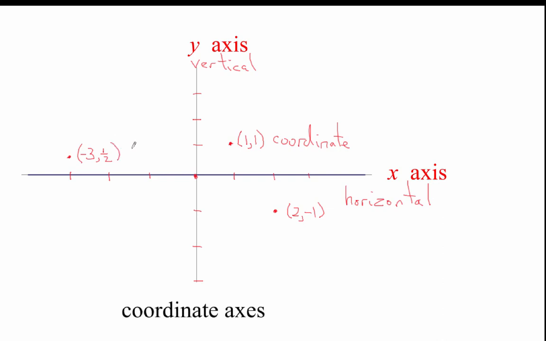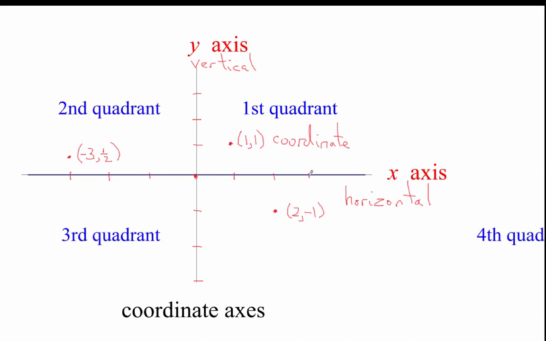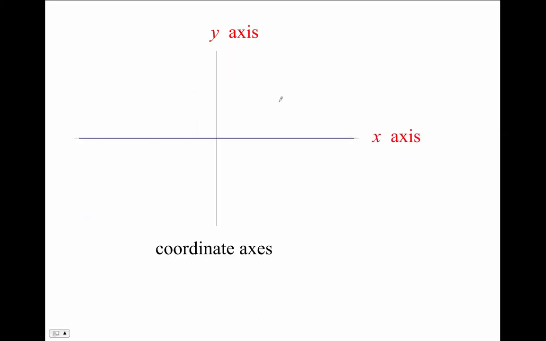Now, these are coordinate axes, and the first quarter or the first quadrant is all the points that are contained over here. That's the second quadrant, third quadrant, and fourth quadrant. Now I've removed the markings, but let me take any point over here, let's call it P1.